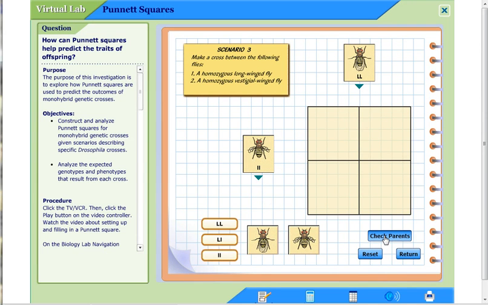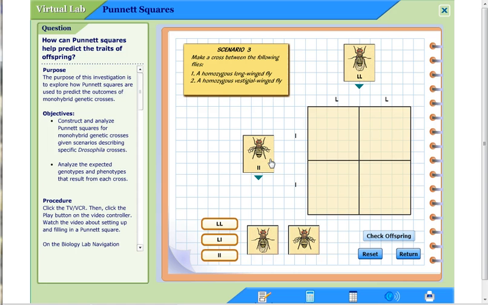So let's check our parents. And this is how the Punnett square is actually filled out. These options for alleles are spread out because this is really about probability. And so the only sperm or egg that can come from that could only have a capital L in it because that's our only choice here.